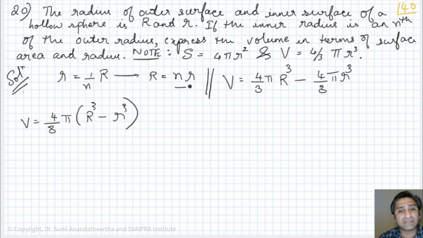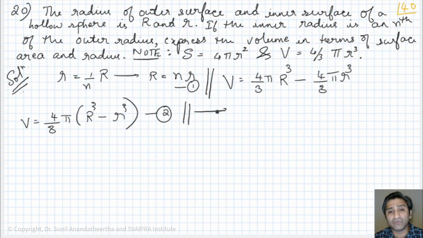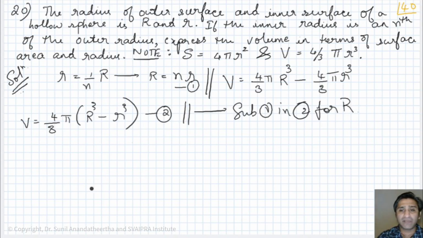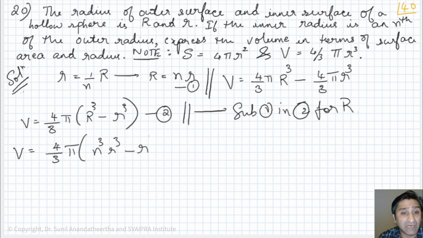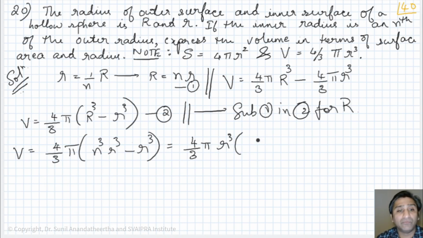Now if I say this is equation 1 and that's equation number 2, what we then do is substitute 2 in 1 for R. So what do we get? 4 by 3 pi, but R cubed is (nr) whole cube, which makes it n cubed r cubed, minus r cubed. That's going to be 4 by 3 pi r cubed, very nice, (n cubed minus 1).